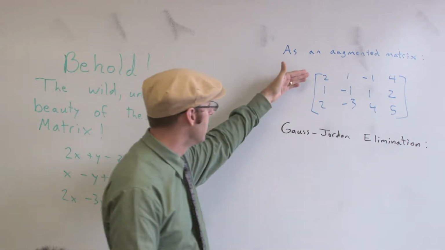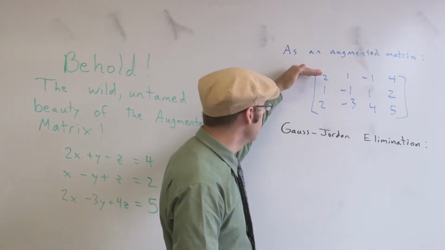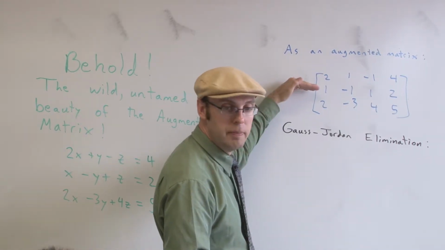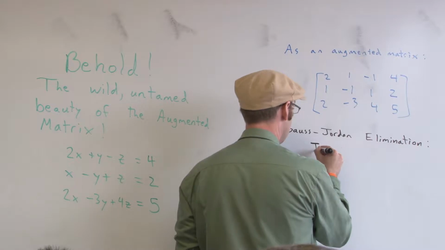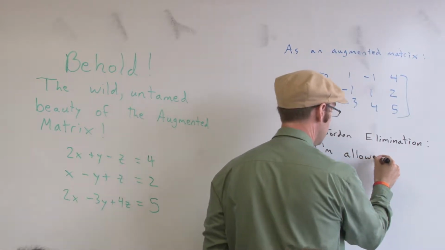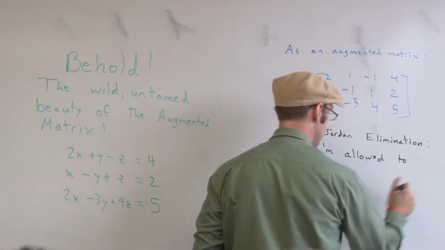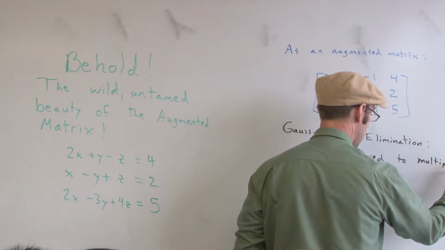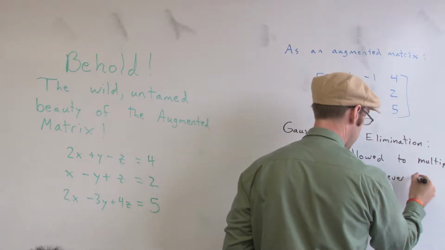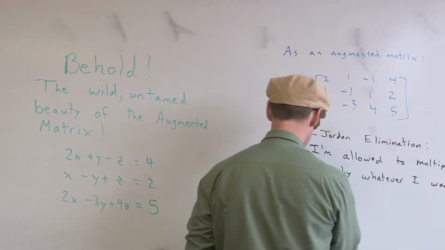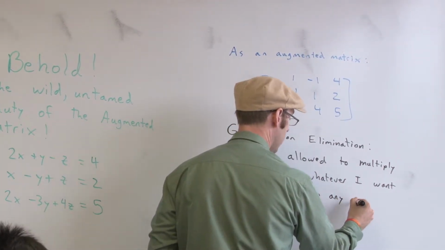It's the same thing here, where what I'm allowed to do is multiply a row by any number that I want, then add it to any other row.